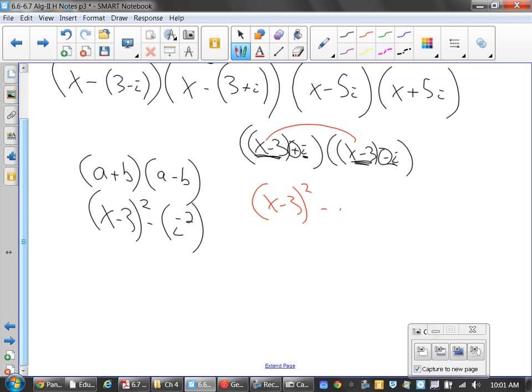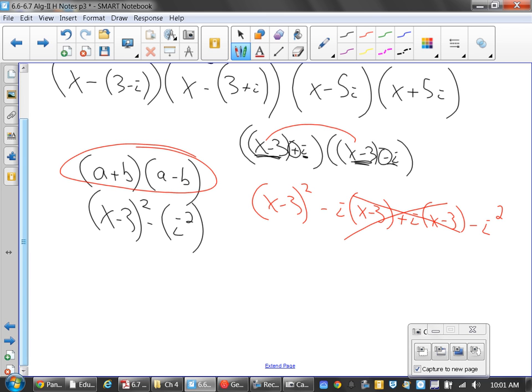And then it'd be minus I times x minus 3 plus I times x minus 3 minus I squared. Do you agree? What happens to those middle terms? They go away. Therefore, it mirrors that exact same pattern. It just looks funky. Okay?